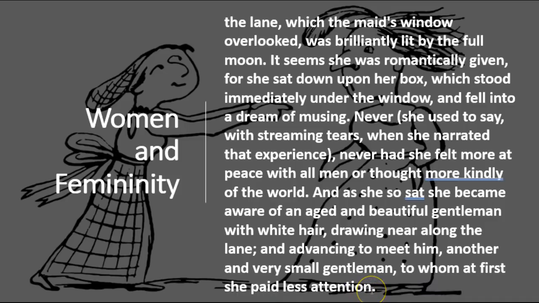Now hopefully in my reading you can feel Stevenson's humour at her description of this old Member of Parliament wandering about at midnight by the river, what for we might get to later, and describing him as a beautiful gentleman.